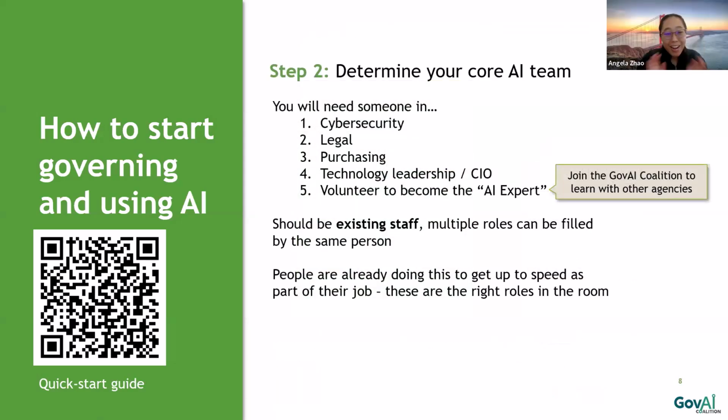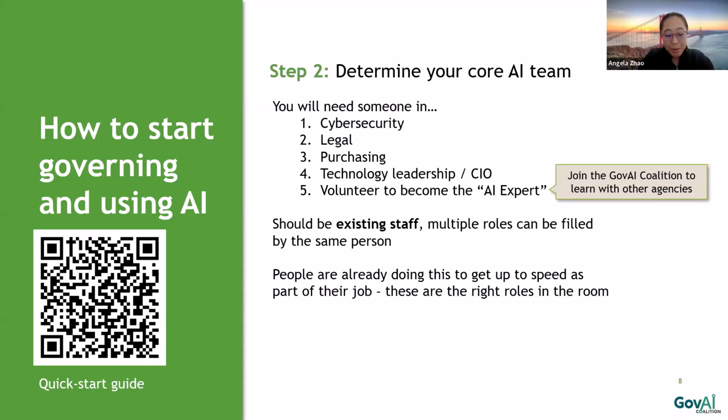Thank you, Layla. So our next step is to determine your core AI team. We don't anticipate this to be a huge lift since people are already adapting and getting up to speed with AI as part of their job. And GovAI's materials are here to help structure and guide the process.